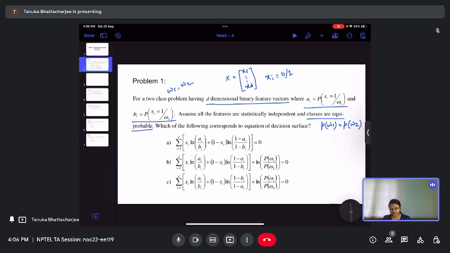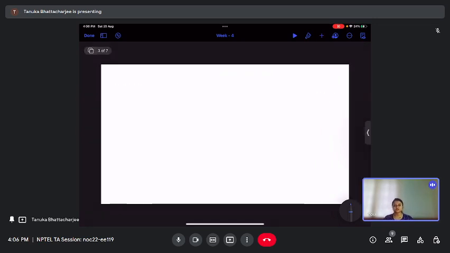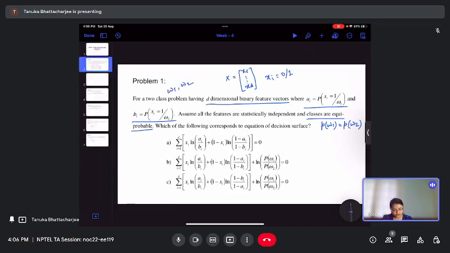We will proceed using the discriminant function approach. Let g1x be the discriminant function for class omega 1, and g2x the discriminant function for class omega 2.